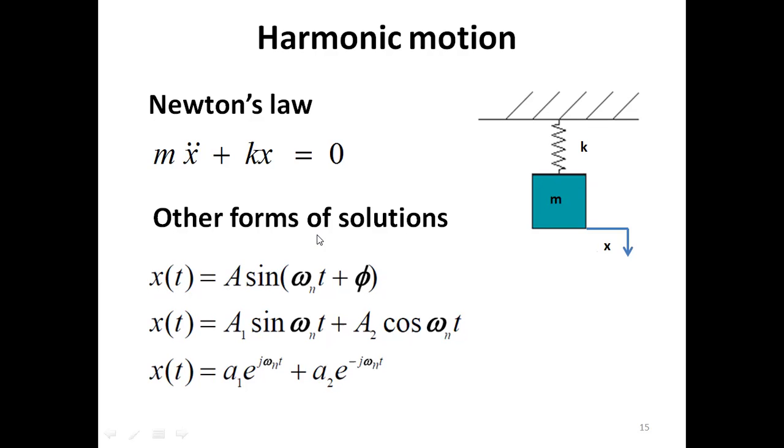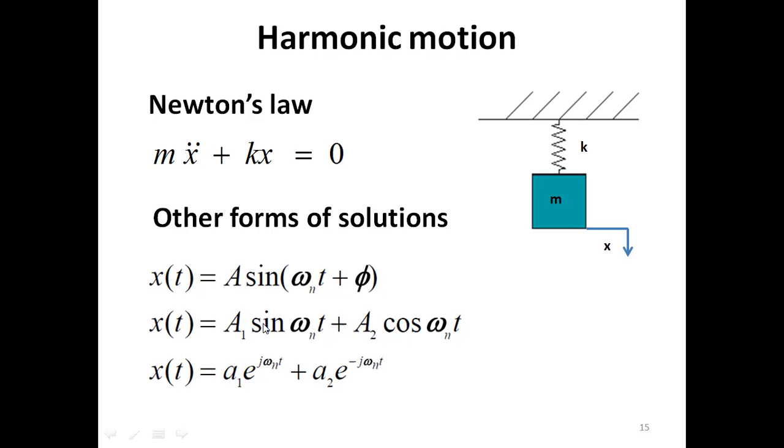The other form of this response is actually the solution of this ordinary differential equation. In mathematics, this is the solution. In vibration, this is the displacement or response of the system.